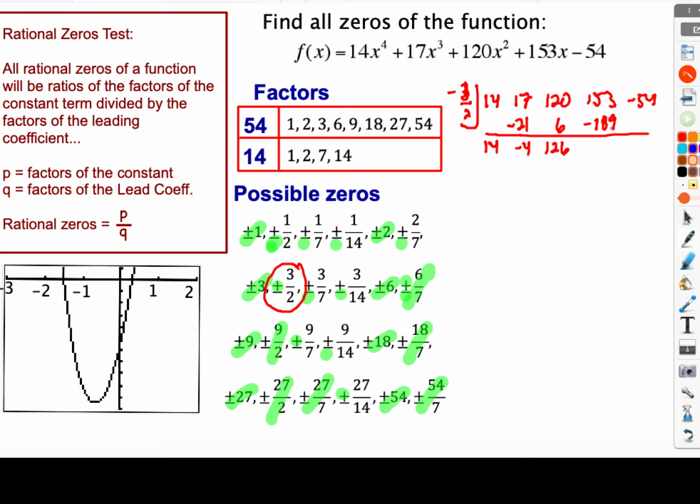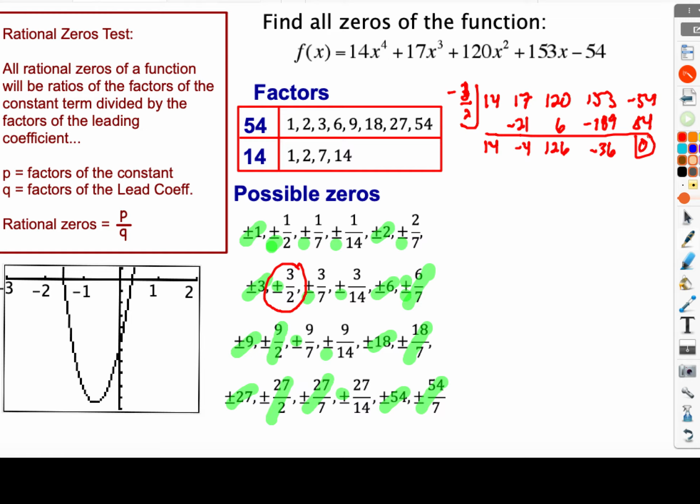Negative 189 plus 153 is going to be a negative 36, which times, again, a negative 1.5 would be a solid 54. And hey, look, we got lucky. There's our negative answer. Right? There's our negative solution. So one of the zeros of my function is definitely negative 3/2.